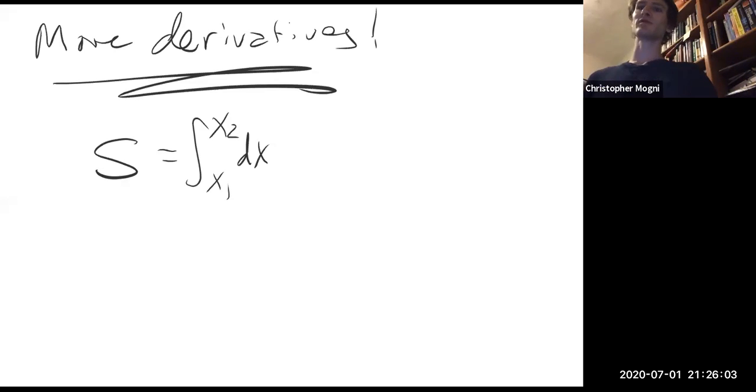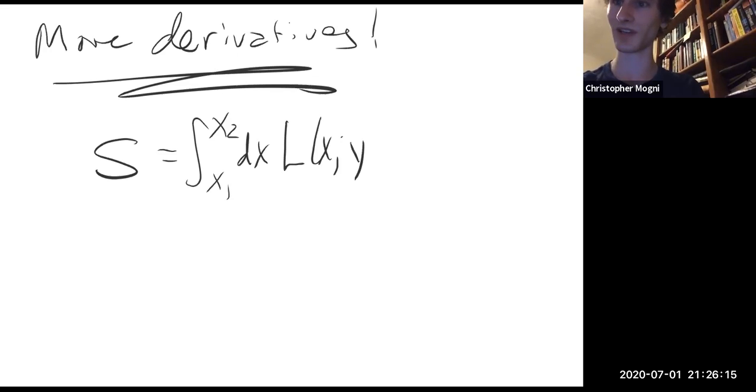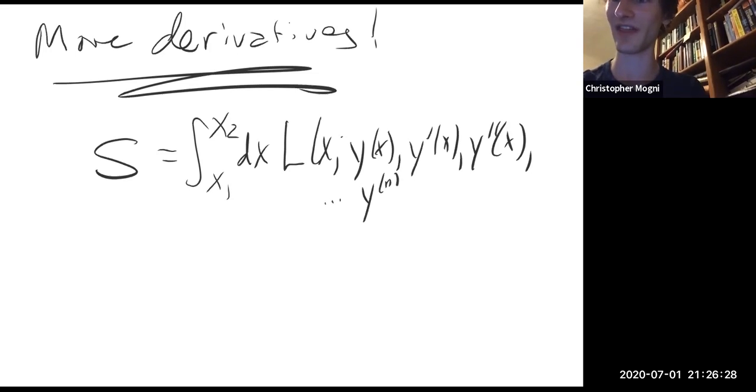It gets defined in terms of an integral over x from x1 to x2. The integrand is going to depend possibly on x. I'm also going to have it depend on y of x, y prime of x, y double prime of x, and to get really crazy, all the way up to the nth derivative of y with respect to x.